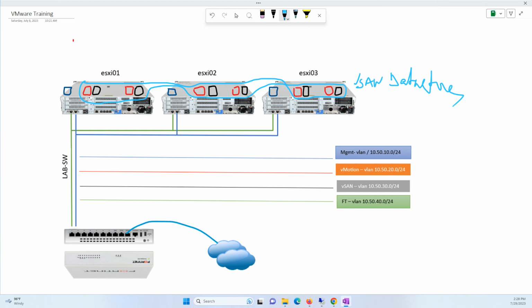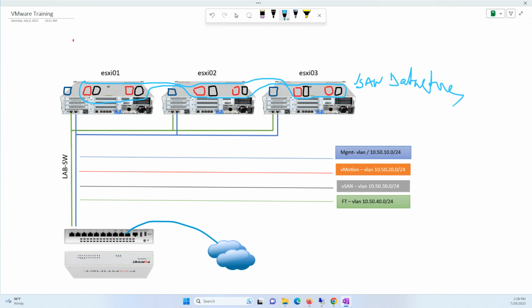That means don't create RAID 10, don't create RAID 50. You should provide each disk to VMware vSAN. That means VMware vSAN should be able to see the first disk, the second, the third, the fourth. Don't create RAID.